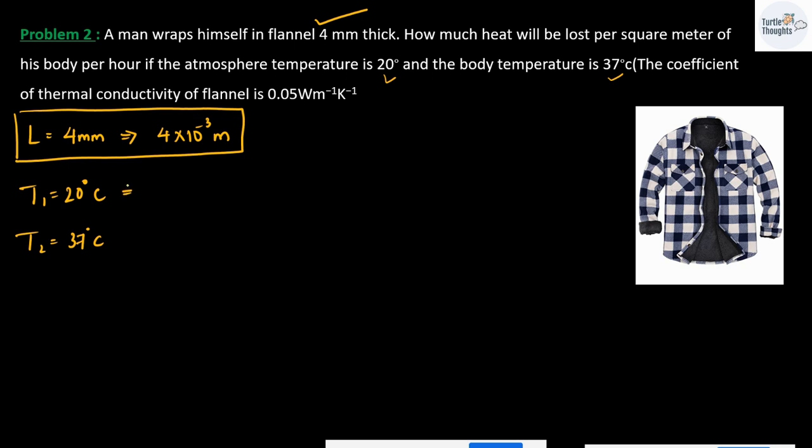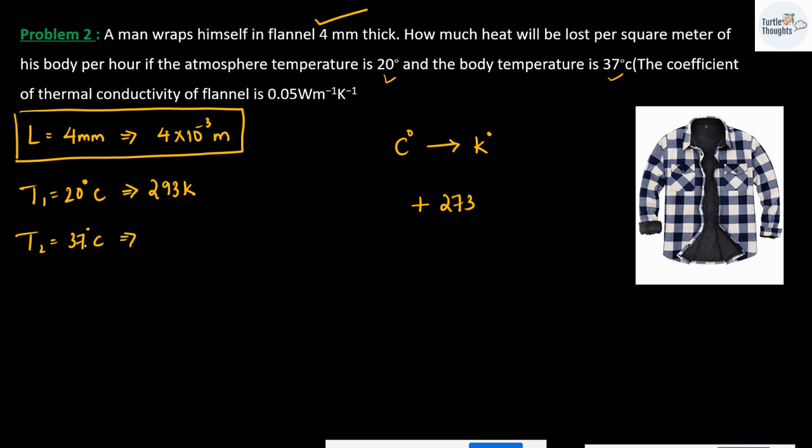I can convert this into Kelvin as well. If I convert into Kelvin, what will be the value of 20 degree? I need to add 273, right? If you want to convert degree Celsius to Kelvin, then you have to add 273. 20 degrees Celsius into Kelvin, I need to add 273. The answer is going to be 293 Kelvin.